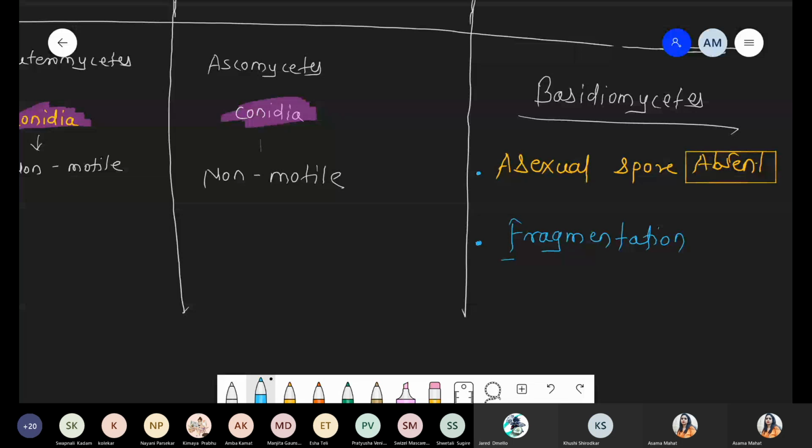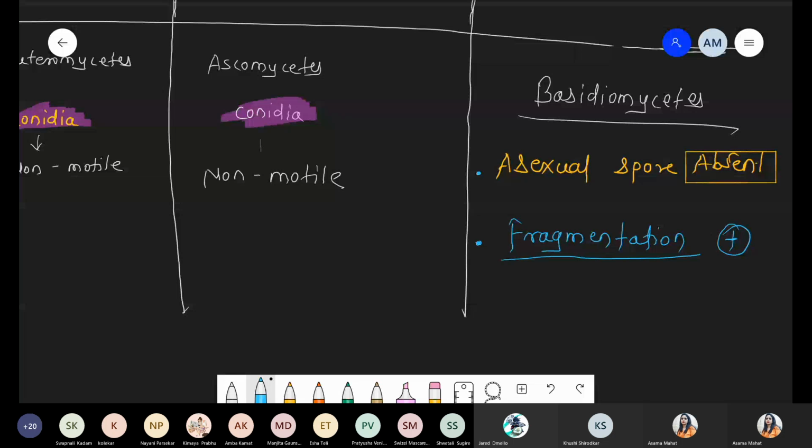Got this point? One question: asexual spore formation is totally absent under the basidiomycetes, but how do they show division? Simply vegetative reproduction, for example fragmentation. Got it? Is this point clear, everyone?